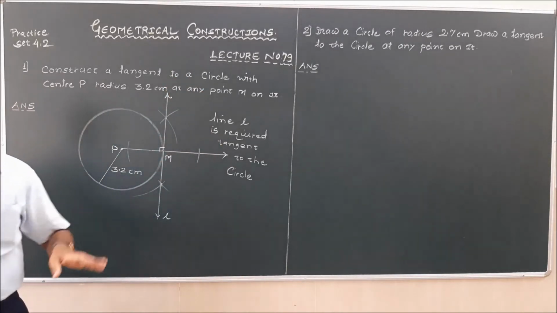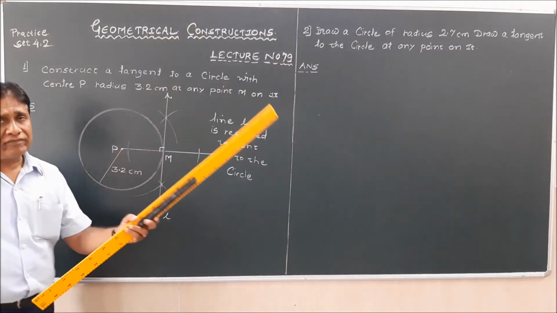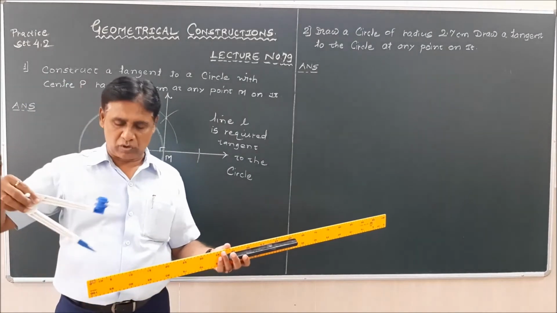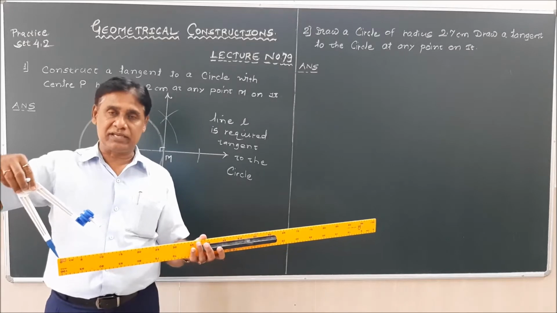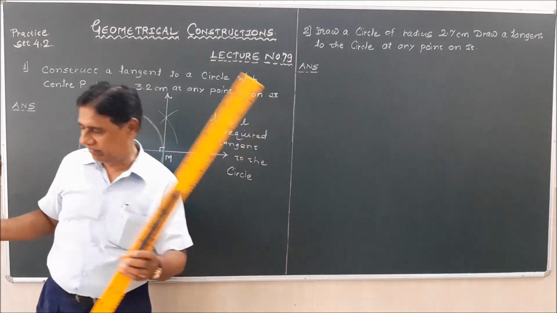The second one is also the same, because there also you have to take a distance of 2.7 now. How much is the distance? 2.7. Always take precaution whenever you are going to take a distance between these two arms of a compass. Place the metal point always on 0 and then 2.7. Fine.